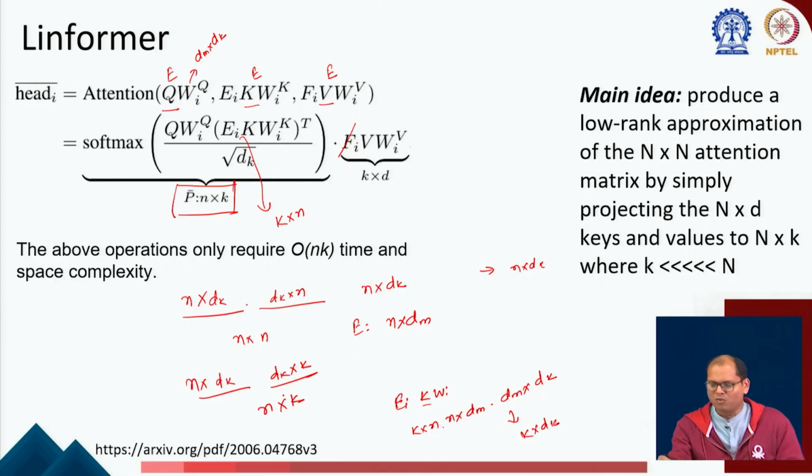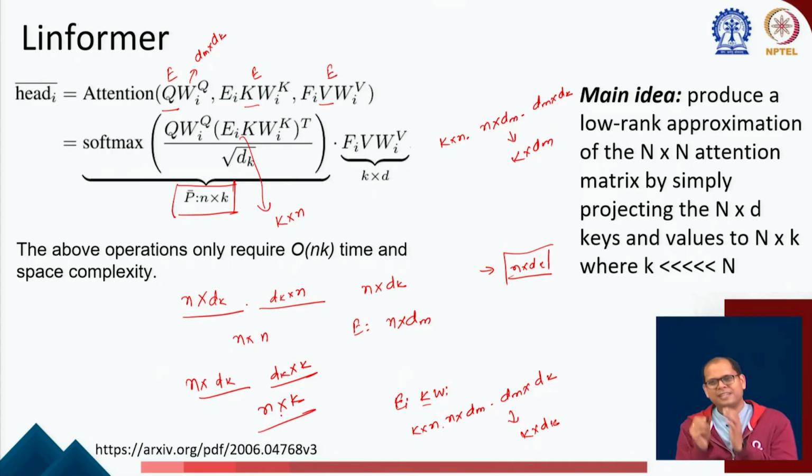But remember, we finally want an n cross dk output. So how do they achieve that? So even in the value matrix, they multiply with another projection Fi. So Fi is also k cross n. So you will again have k cross n, n cross dm, dm cross dk. So this will give you k cross dk.